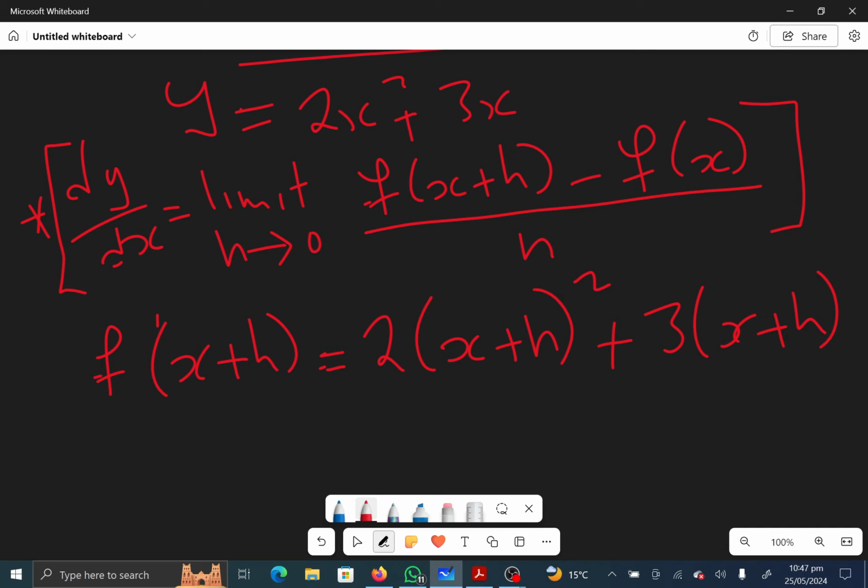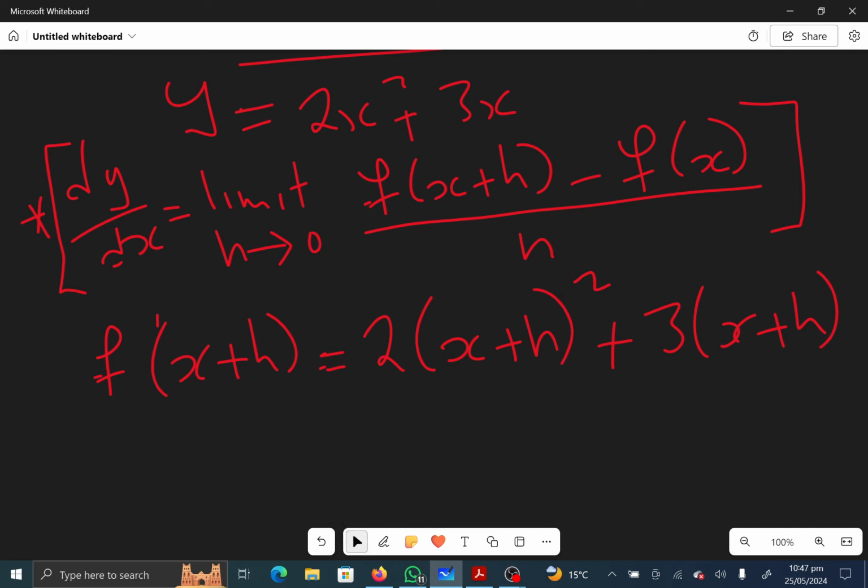So we say 2, then this is our x plus h, to the power 2. Then we go to the second part of this equation, which is plus 3x. So this becomes our 3, then multiplied by the x plus h function.